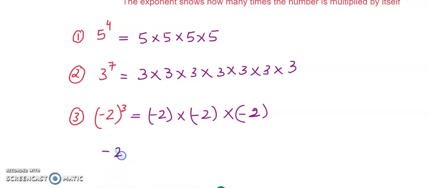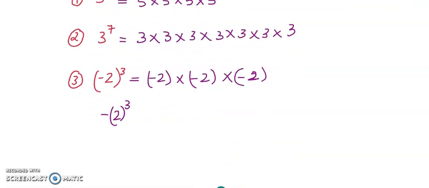If the question was like this, instead of negative 2 to the power 3, that means I have to only multiply the number, that is the base, which is 2, 3 times, not the negative. Whereas in this question, it was negative 2 as my base. So I multiplied negative 2 how many times? 3 times. So this will become negative, and then I have to multiply 2 how many times? 3 times. So 2, 2, 2. So this is the biggest difference if the minus is outside and if the minus is inside.